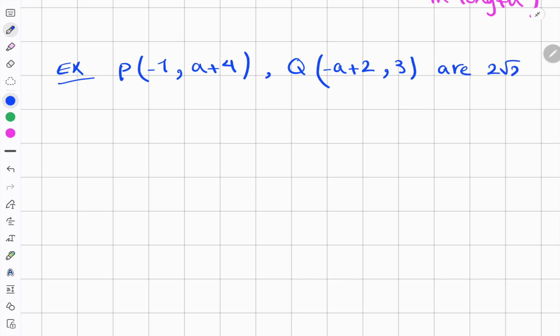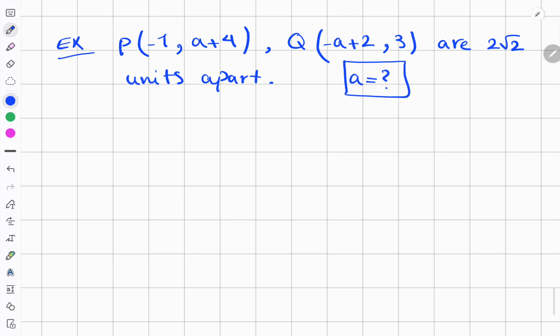Are two radical 2 units apart, and we are going to find the value of A. So we know that PQ, or the length of them, is 2 radical 2, or you can use radical 8.